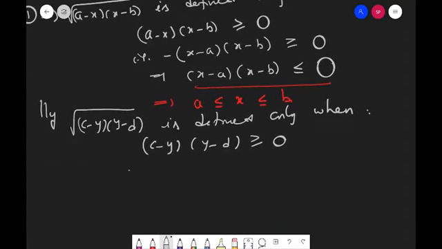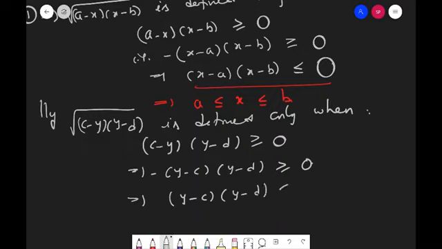That implies minus of (y minus c) into (y minus d) is greater than or equal to 0, which implies (y minus c) into (y minus d) is less than or equal to 0. As in the above case, this is also satisfied when y lies between c and d. Now let me take this as 2 and this as 3.